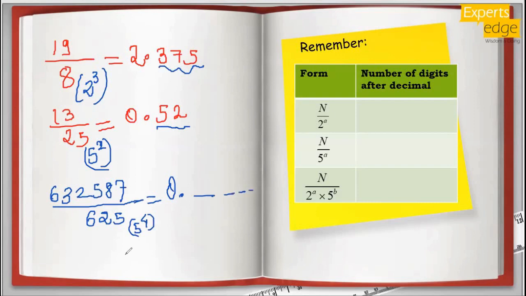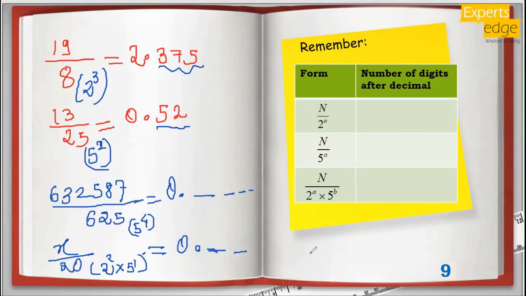Or let's say something x upon 20. Now 20 is what? 2 square into 5. It will have as many digits as the highest power of 2 or 5. As you can see, the power of 2 is 2, so this will have 2 digits after the decimal.